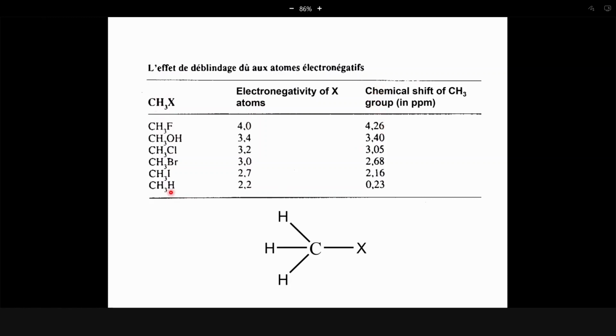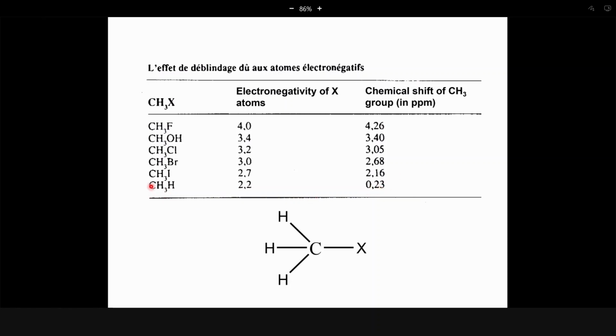So if we start here from the methane, CH4, the electronegativity is very low, 2.2, and the value of the chemical shift of the protons in the CH4 is very low.